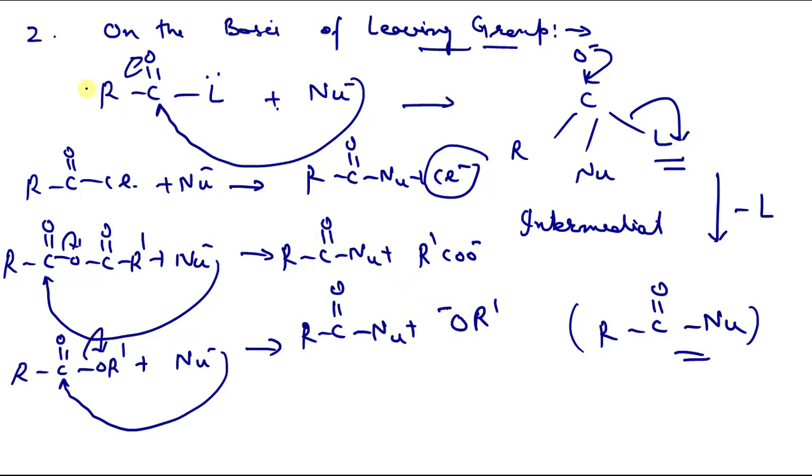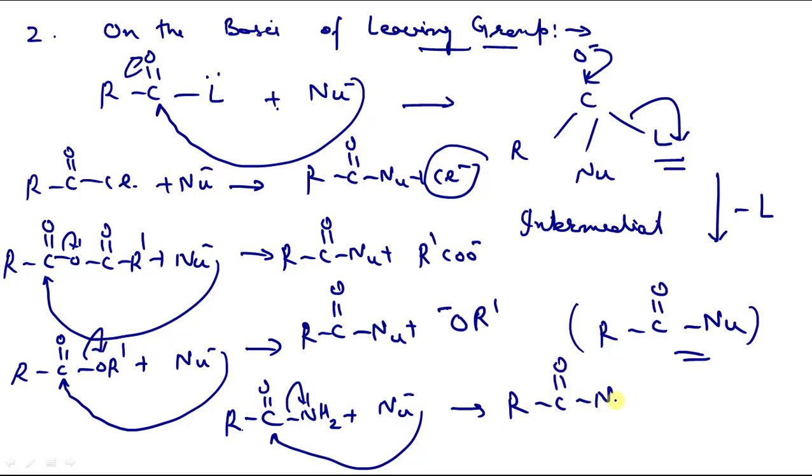Please see my previous lecture where I discussed the general mechanism of nucleophilic substitution. At last, amides, RC double bond O NH2 plus nucleophile, give RC double bond O nucleophile plus NH2 negative. Now these are the leaving groups: Cl negative in acyl chlorides, R dash COO negative in anhydride, R dash O negative in ester, which is the alkoxide ion, the carboxylate ion, the chloride ion, and the amide ion. Okay, so these are the leaving groups.